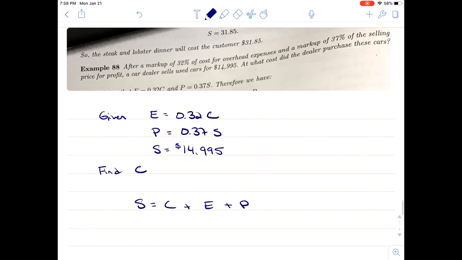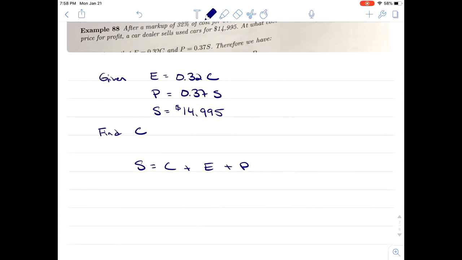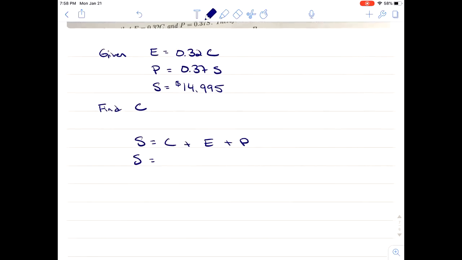So I'll just keep it as S is C, which I don't know, I'm trying to find C, plus E, which is 0.32 times C, plus P, which is 0.37 times S.